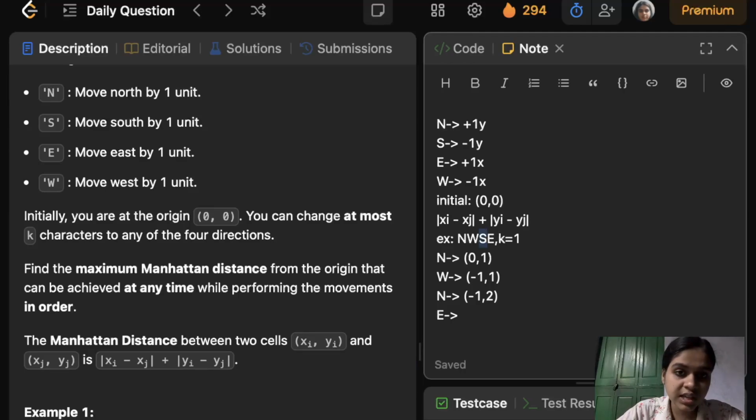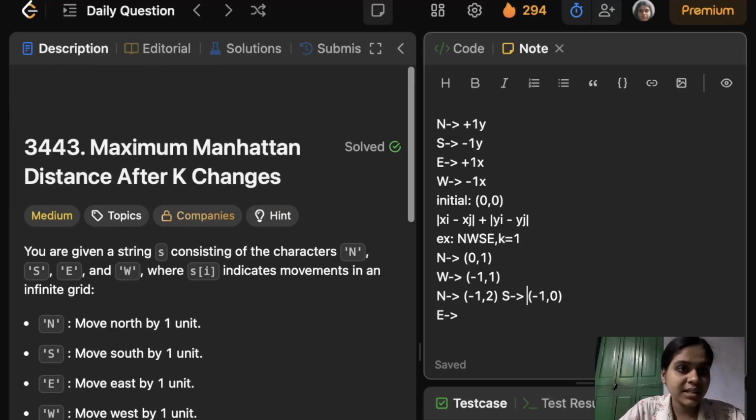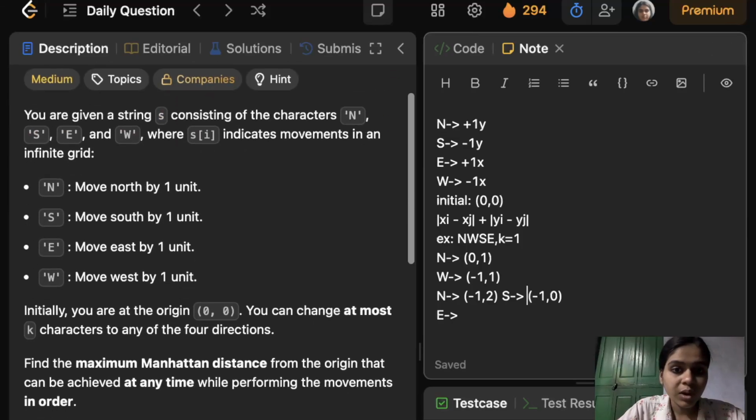Why change S? Because if it were S, then after minus 1 comma 1 the y would decrease, since S is minus 1 in the y direction, so it would be 0. To maximize the Manhattan distance, we change this S to N.